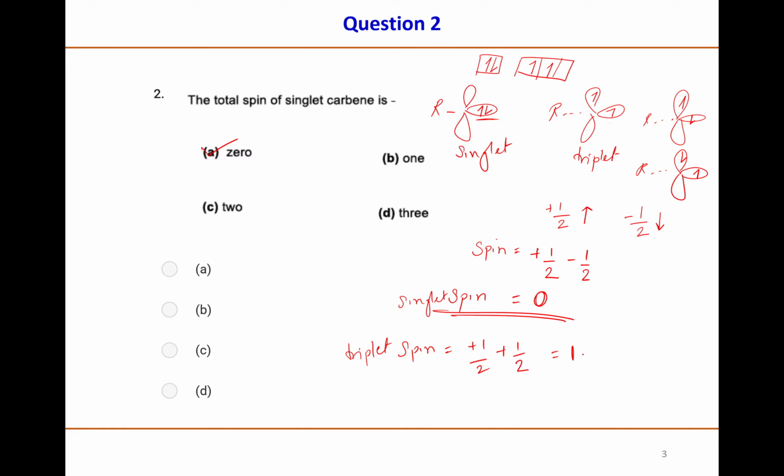So the spin for triplet carbene is 1 and spin for singlet carbene is 0. So the correct answer is option number A. All of you clear here? Any question, any doubt is there? Fine. Now I hope all of you are clear. Now we will move to the next question.